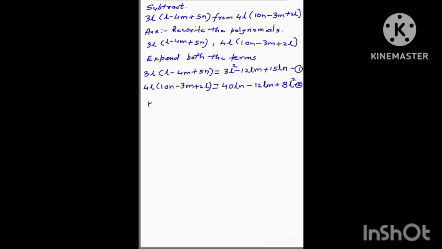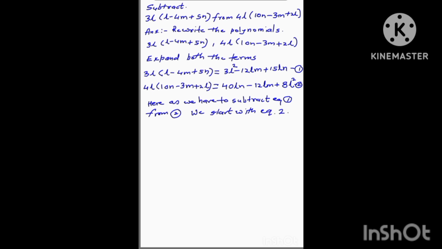Okay, now we will count the number of terms. The L square is one in both, Lm is two and Ln. So there are 3 total similar terms. One is of L square, another of Lm, another of Ln. Okay. So we will need 3 columns. Here we have to subtract equation 1 from equation 2.